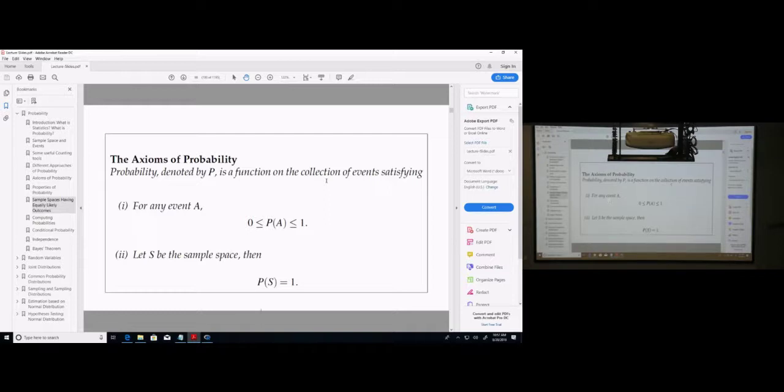The first one is that the probability of an event always has to be sandwiched between 0 and 1. Basically, we want a non-negative number to gauge it. Another thing is that the probability of the entire set of outcomes has to be 1.